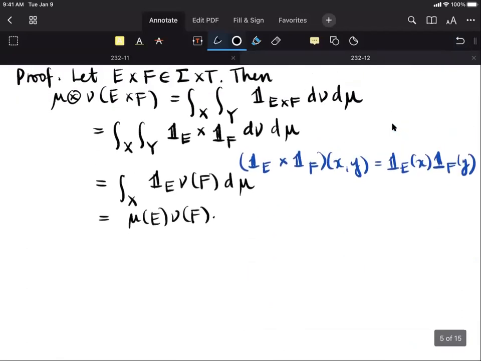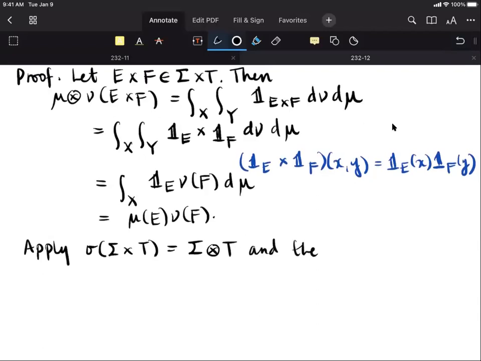And now the rest is to apply the fact that this one generates the product sigma algebra and the uniqueness theorem for sigma finite measures.